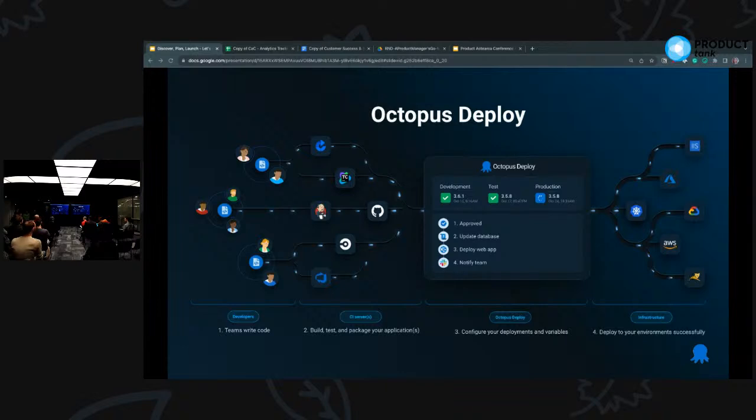And here, with all this complexity, Octopus just helps you solve this and gives you a lot of visibility and control and makes the experience good for developers and also for people responsible for DevOps, platform, or however they call them.